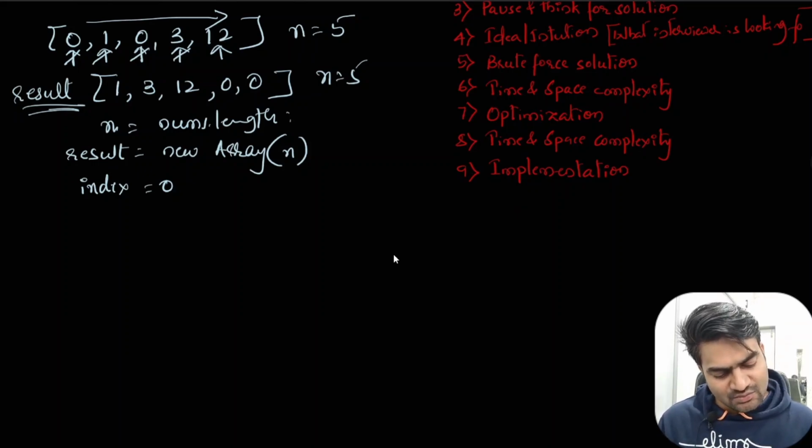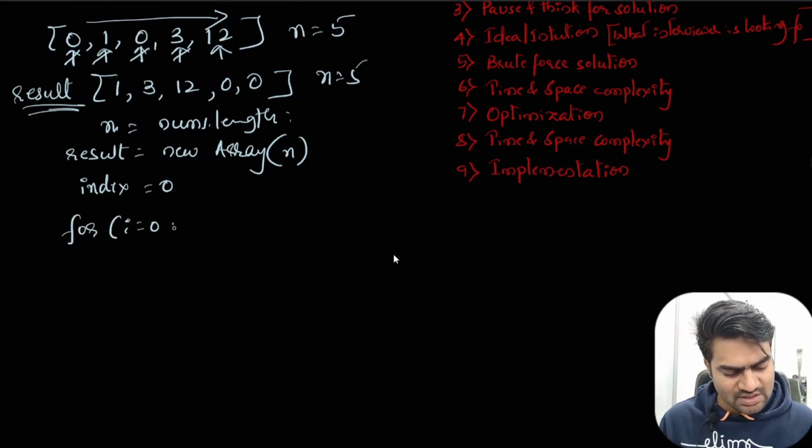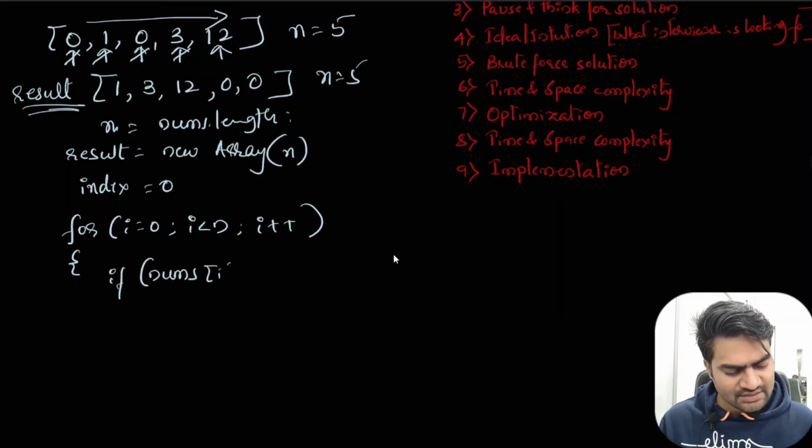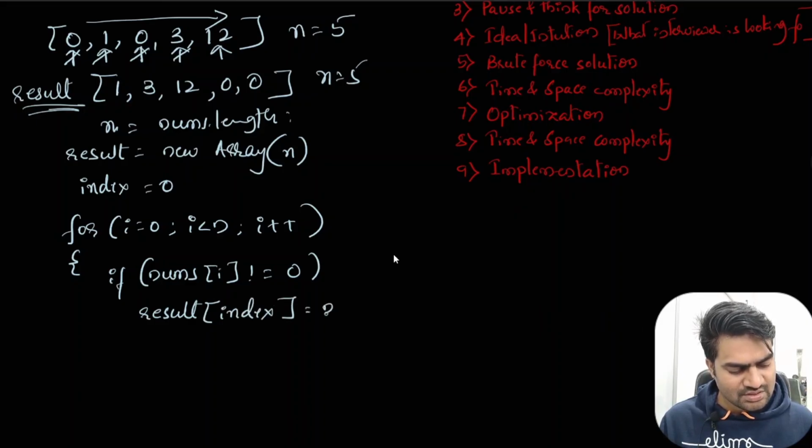Okay. Now what I will do, I will use a for loop for i equal to 0, i less than n, i plus plus. I will check if my nums of i is not equal to 0, then I will say result of index equal to nums of i.